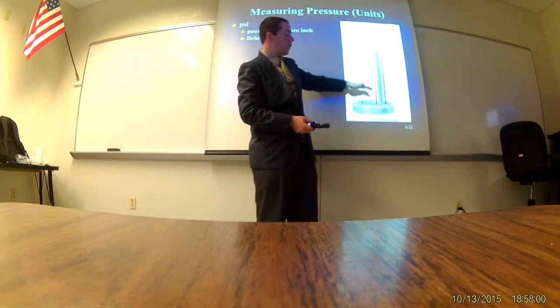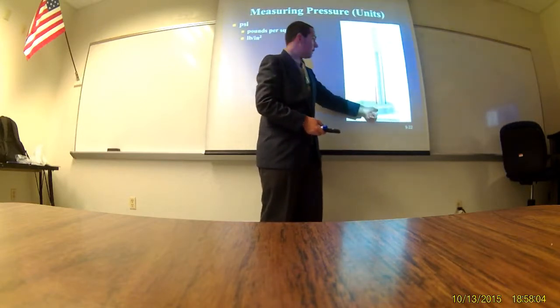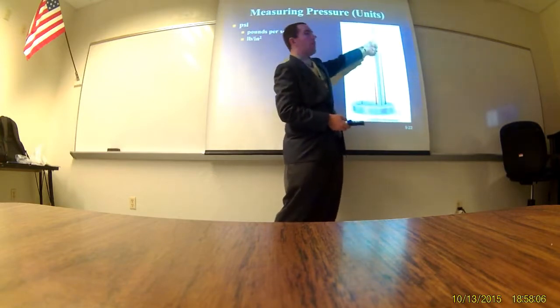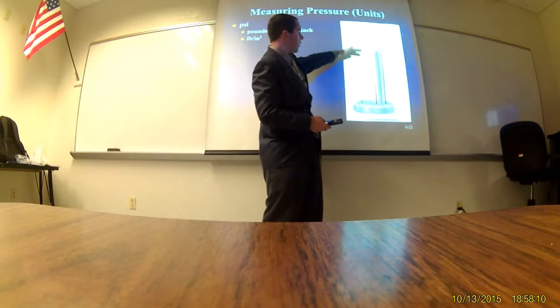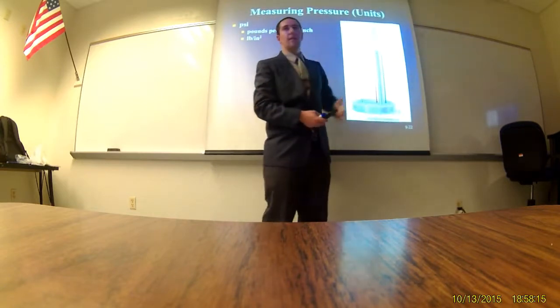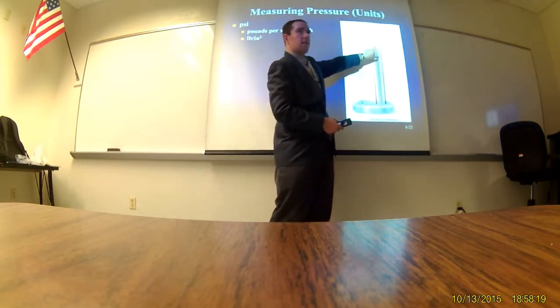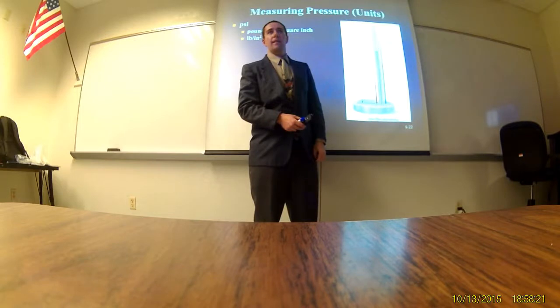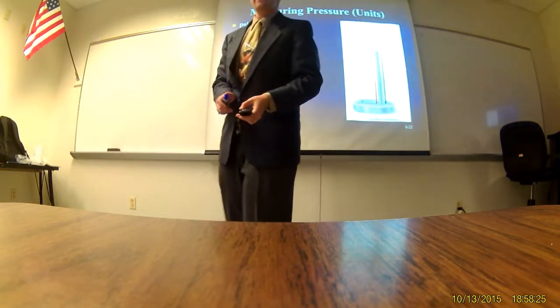The harder you push down on this liquid mercury, the more liquid you force up into the tube. So the stronger the atmospheric pressure, the more it gets forced up. They would just measure how many inches up the tube the mercury went, and that was the inches of mercury.